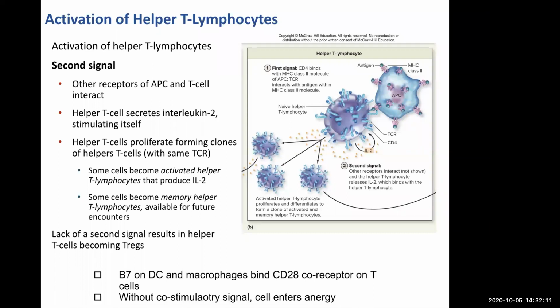And so anytime those memory cells encounter that same antigen in the future, the activation process is that much faster. So much faster, in fact, that you typically don't even get sick, or hopefully you don't get sick.